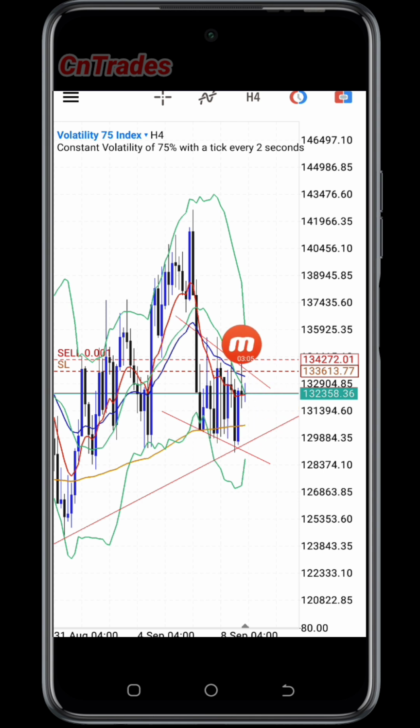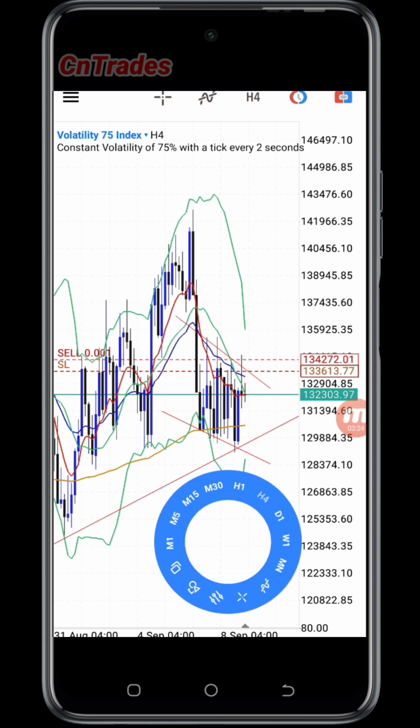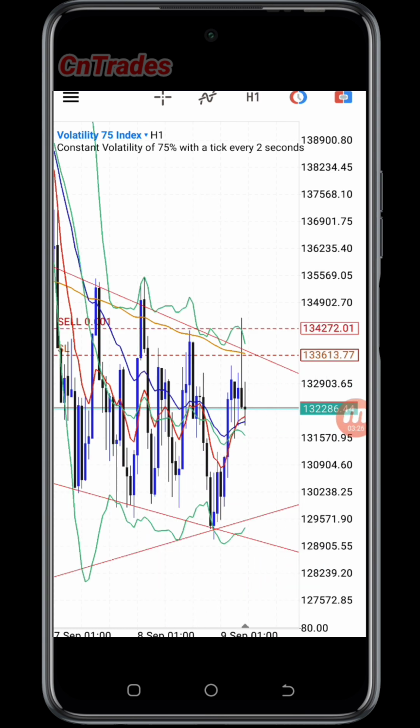The details of all these indicators are in the main video I made about the Rocket Flow. So you can see that on 4 hours time frame, price has crossed, price is above the moving average, and on 1 hour time frame you can see price is below it, bouncing off from this moving average and the upper line of the Bollinger Band.